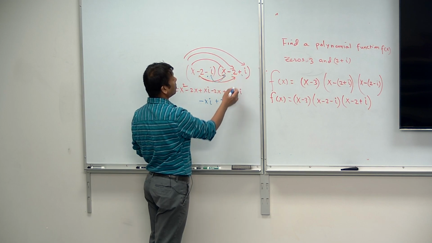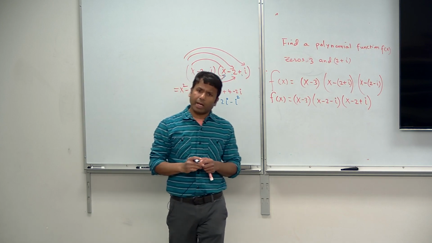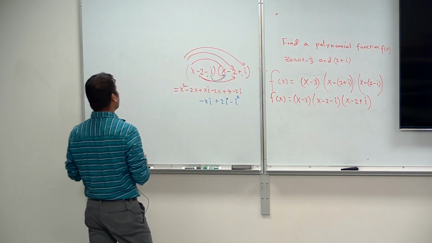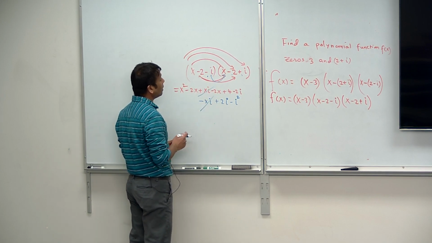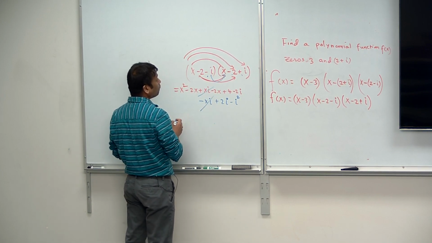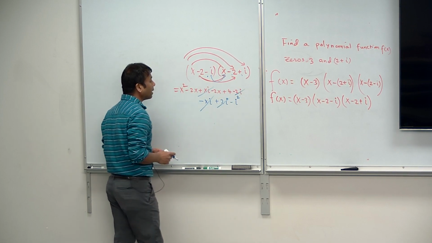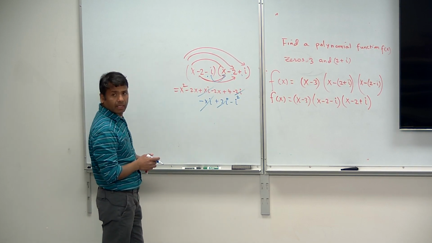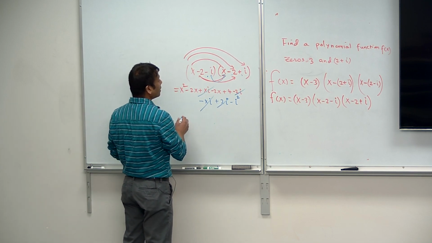Negative i times positive i is negative i squared. Did you get it? So now, this positive xi and negative xi, I can cross them out. And this positive 2i and negative 2i, I can cross them out. Make sense?